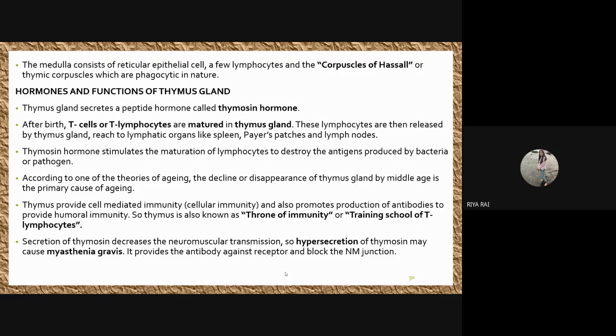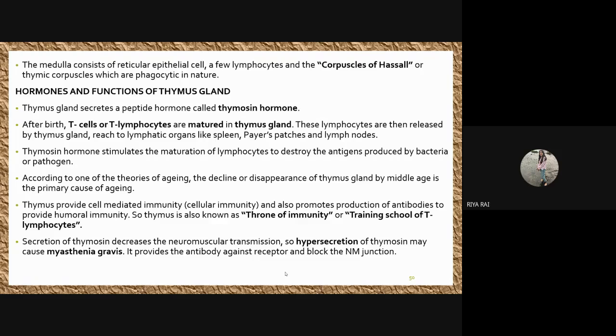That is, it is an antibody-mediated immunity which is assisted by the helper T cells. Helper T cells help the B cell to differentiate and form plasma cells against any specific antigen. Thus, the thymus provides cell-mediated immunity as well as promotes humoral immunity.